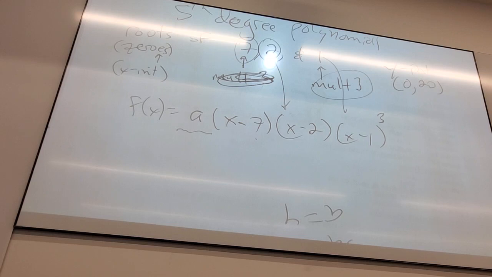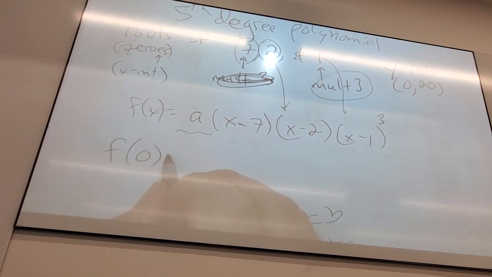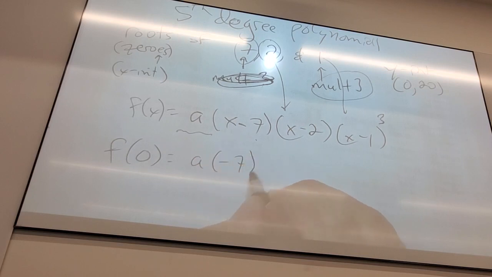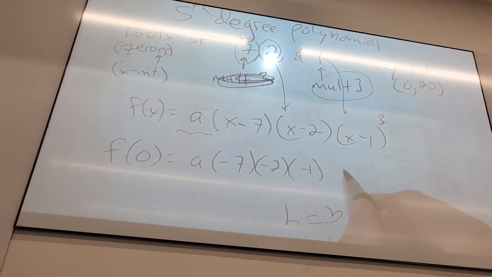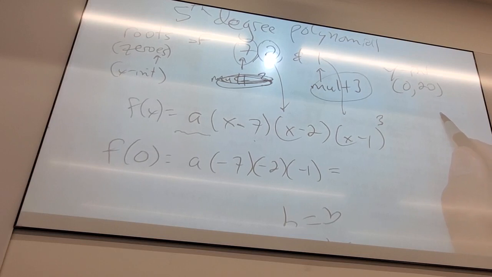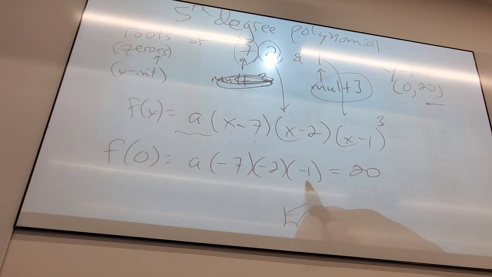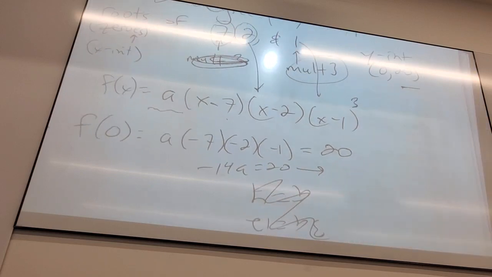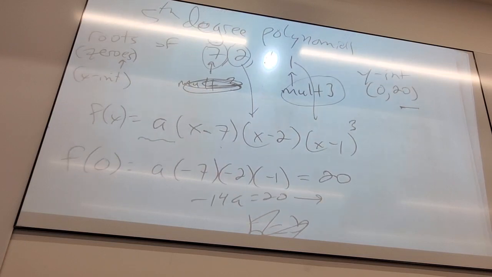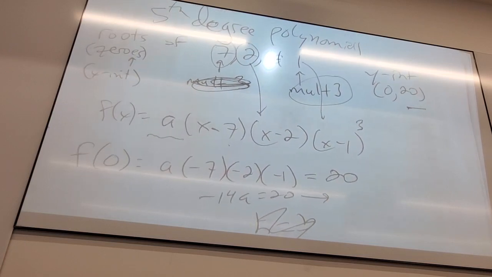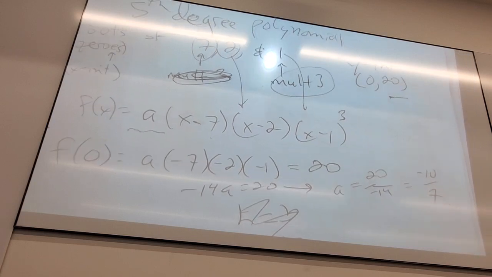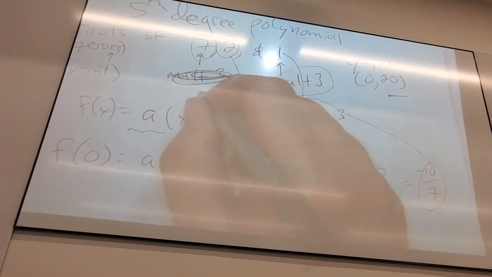So when I plug a 0 in, I get a times -7 times -2 times -1, and that is supposed to be 20. So I get -14a equals 20. So a is 20 over -14, or -10 over 7. That's what you would put right there, and then you would be done.